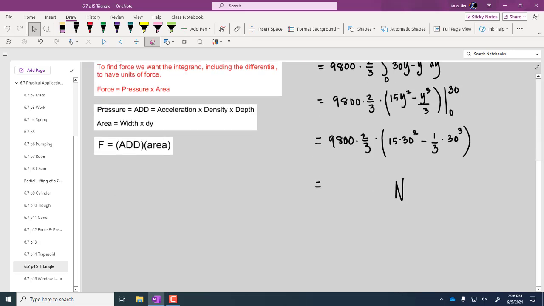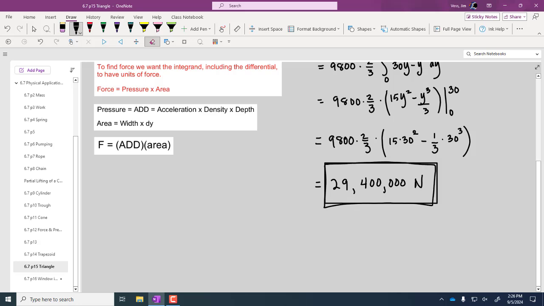29,400,000. I'm going to need a little more space. 29,400,000. Yep. If we have a value like that on the test, can we express it in scientific notation? Yes, totally fine.